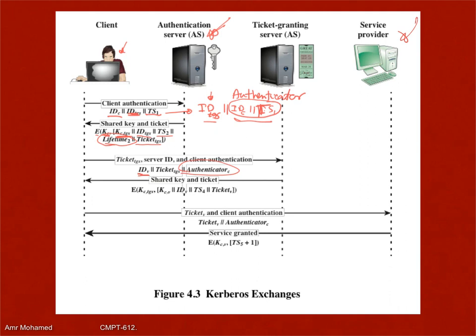Now, this authenticator is an encrypted message using the shared key, which identifies my ID to the TGS server. I can do this because the session key is only known by me and the TGS server. So only in this step, I have sent a clear text of what? Of my username, because I don't yet have a shared key.